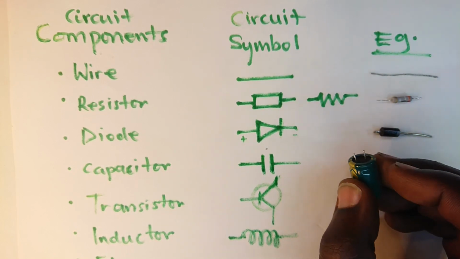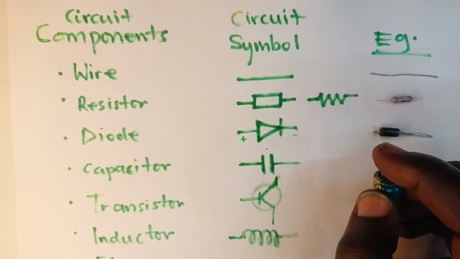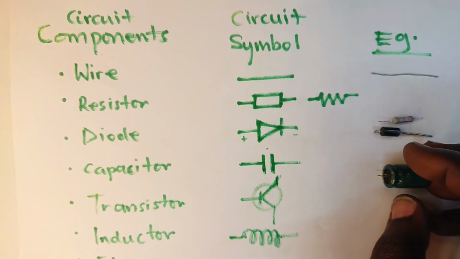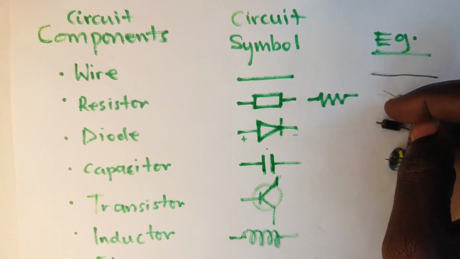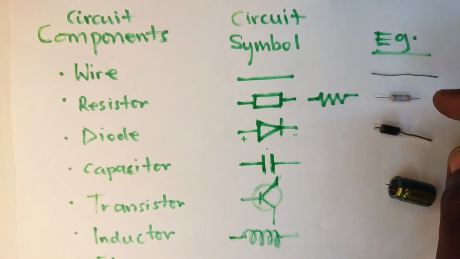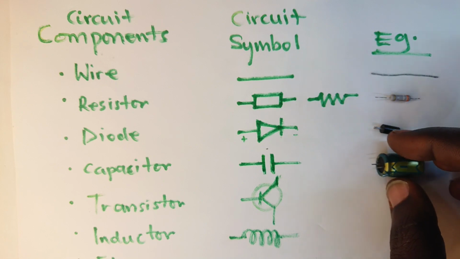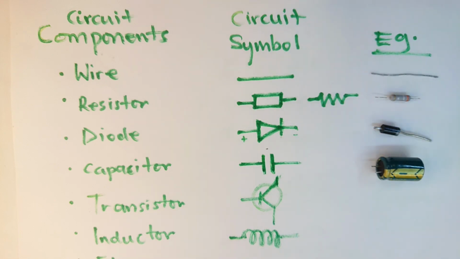I don't know whether you guys have been seeing that terminal and this terminal, and that is your capacitor. It looks like a dry cell. It wants to roll away. Now I wanted to show you a transistor, but I don't have one on me, so you will see that in subsequent videos.